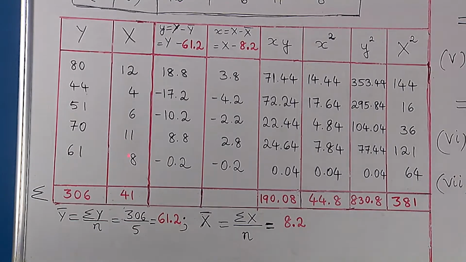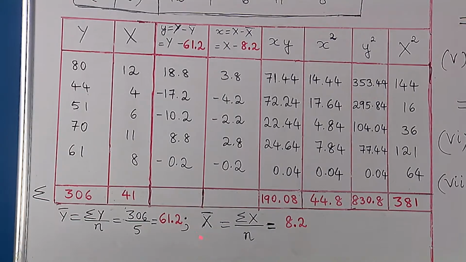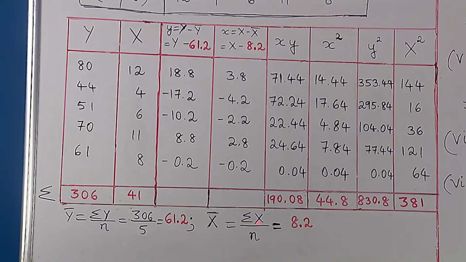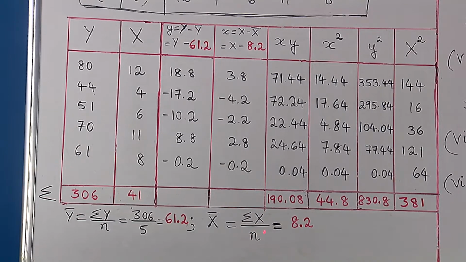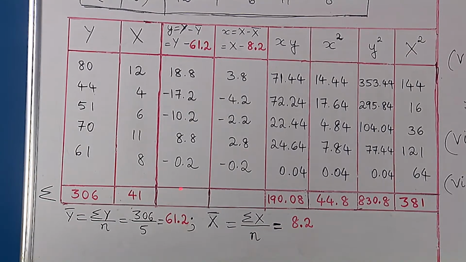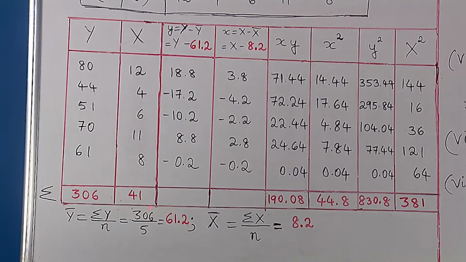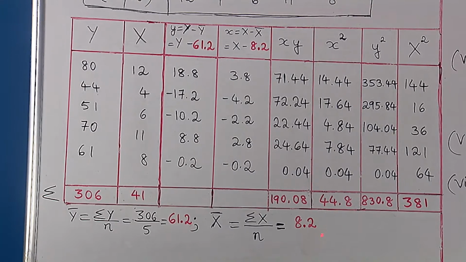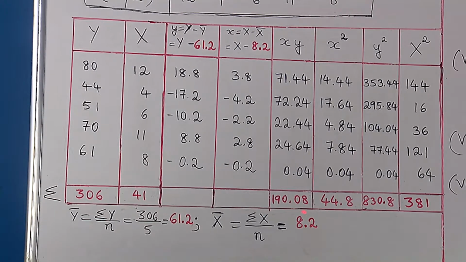In the same way, we find x bar, the average of x. This is nothing but sigma x by n. When we substitute sigma x 41 by n as 5, we get the answer 8.2. So, the mean x bar is 8.2.